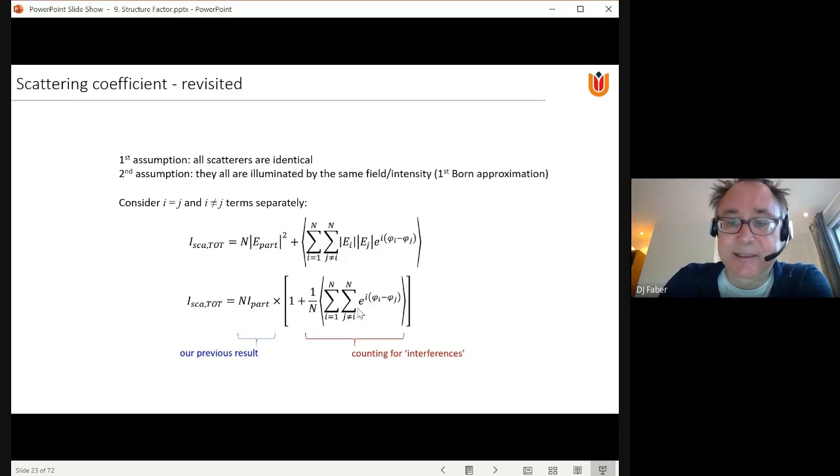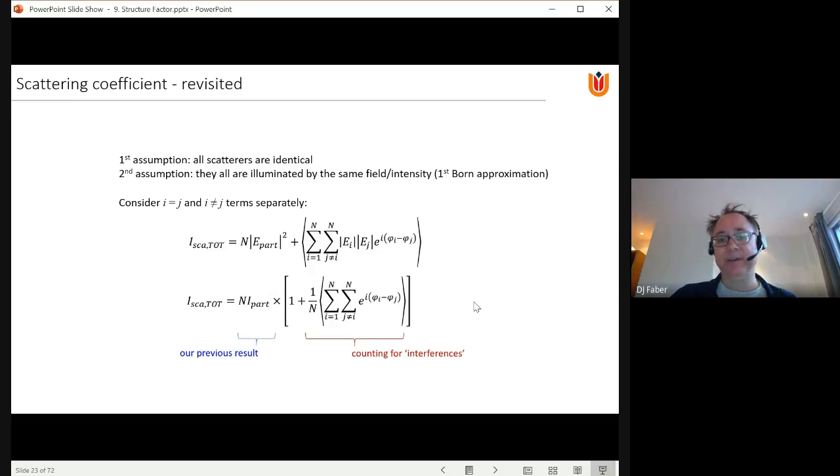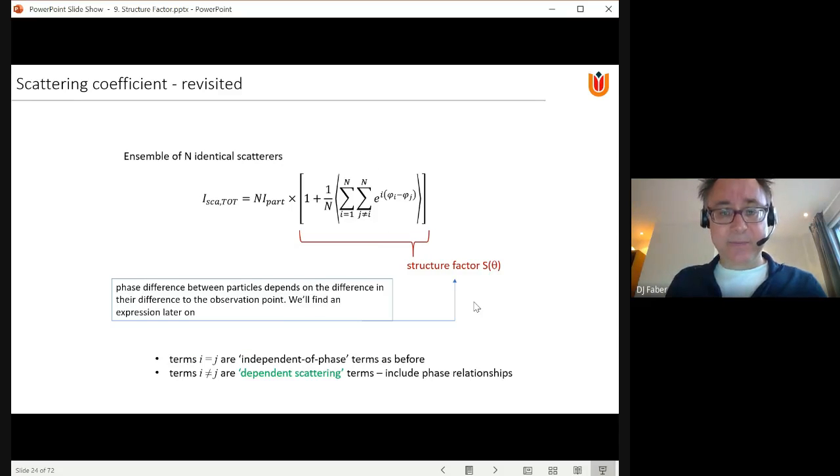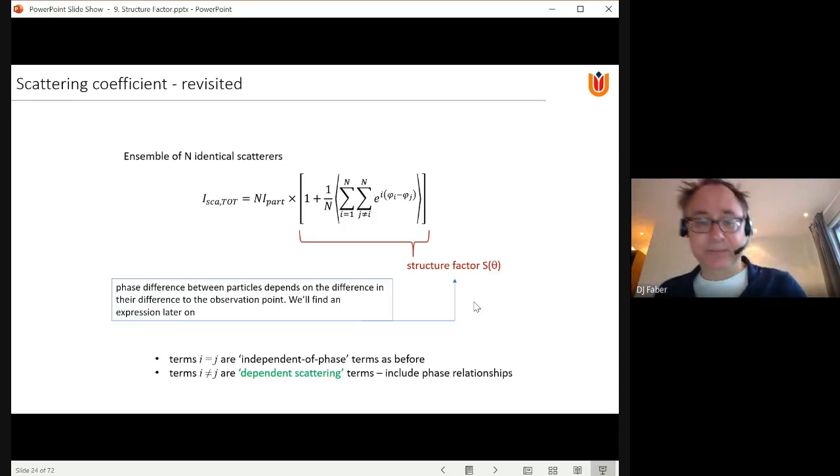The exponential here is the phase difference between the scattered fields from a particle pair i and j. What you have here is basically the average phase difference of that collection of particles, and that is called the structure factor, this term between the brackets.